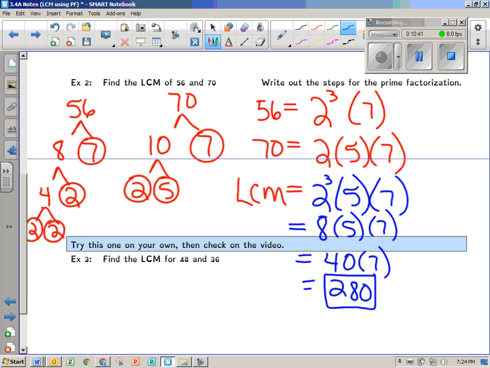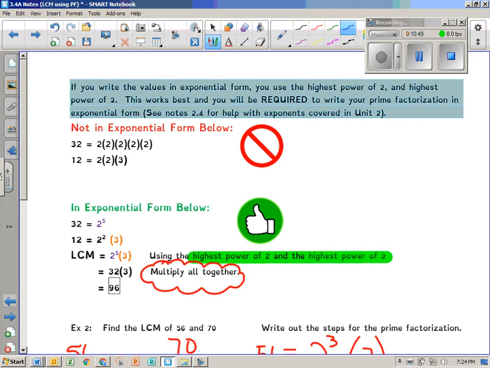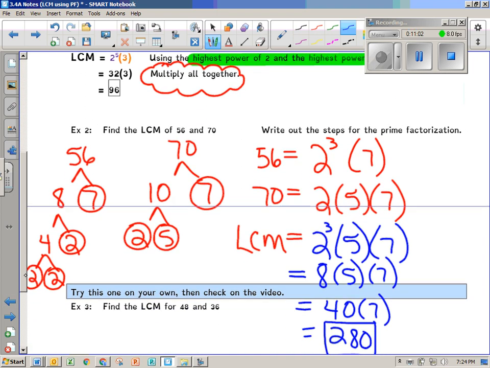Let's scroll back to our previous notes, back a little further. Well, actually, I didn't write that. I just said use the highest power. I'm just double checking what I wrote.